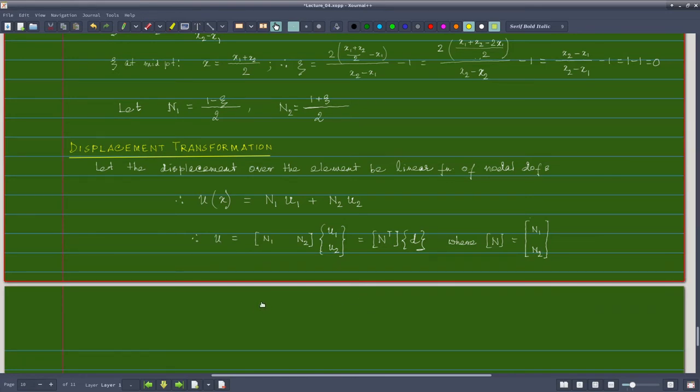Similarly, I also know that sum of the shape functions should be 1 at any point. So at a general point xi, I can find that N1 plus N2 is obviously 1, because it is (1 minus xi) by 2 plus (1 plus xi) by 2.